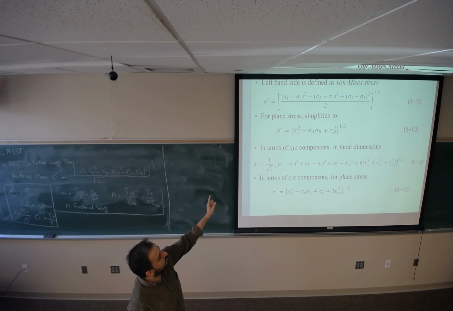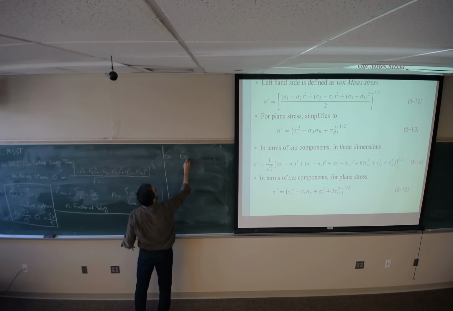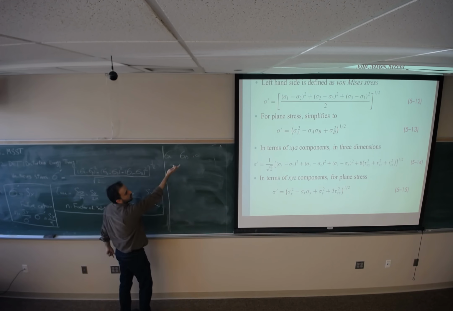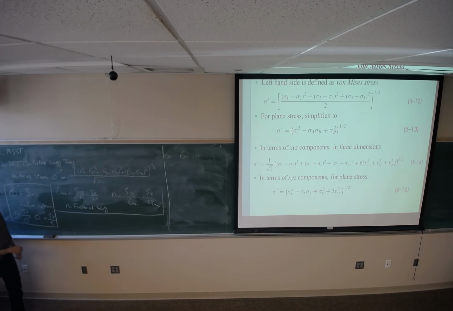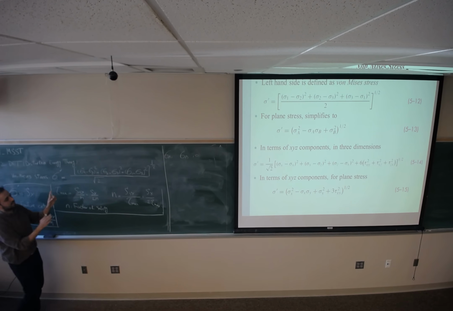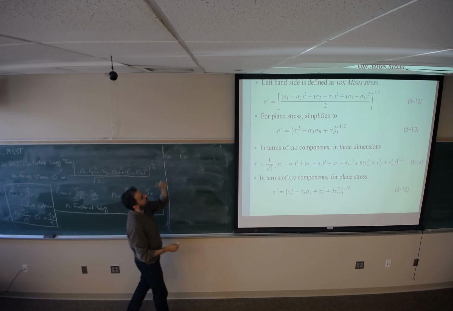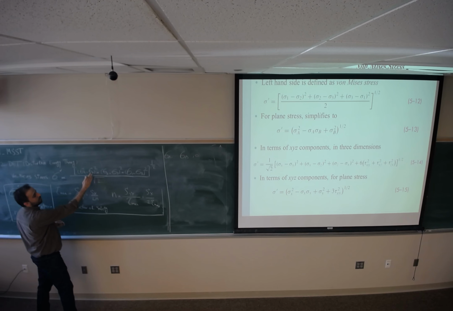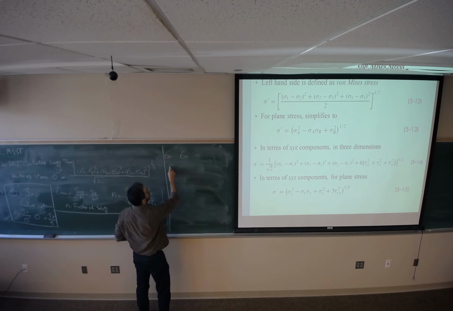So if you have plane stress, it means we have sigma A, sigma B, and 0. I don't know which one is sigma 1, sigma 2, sigma 3, but one of them is going to be 0. Suppose sigma 2 is 0. If I plug in 0 here, I will end up with this equation for plane stress.